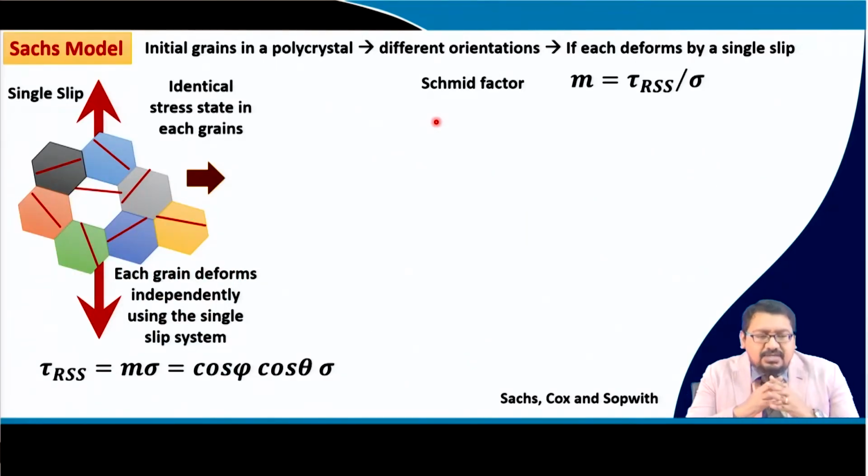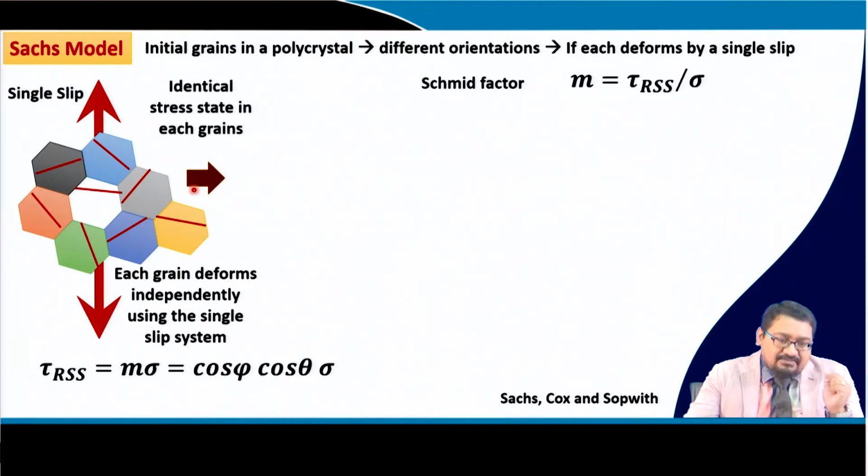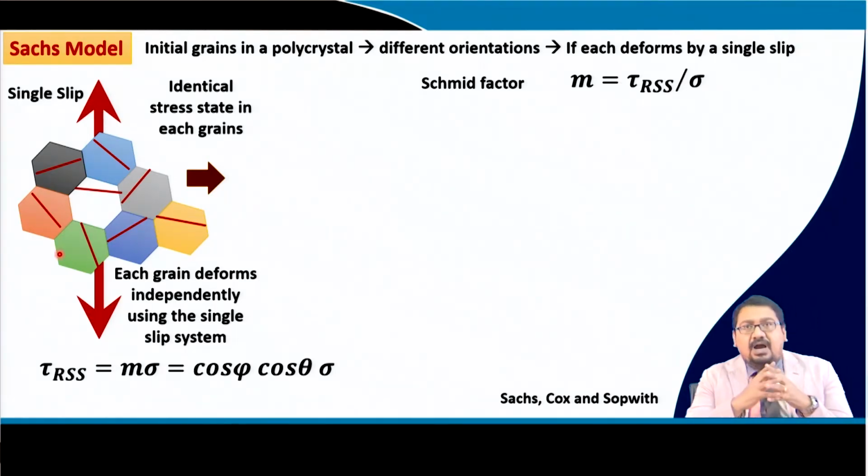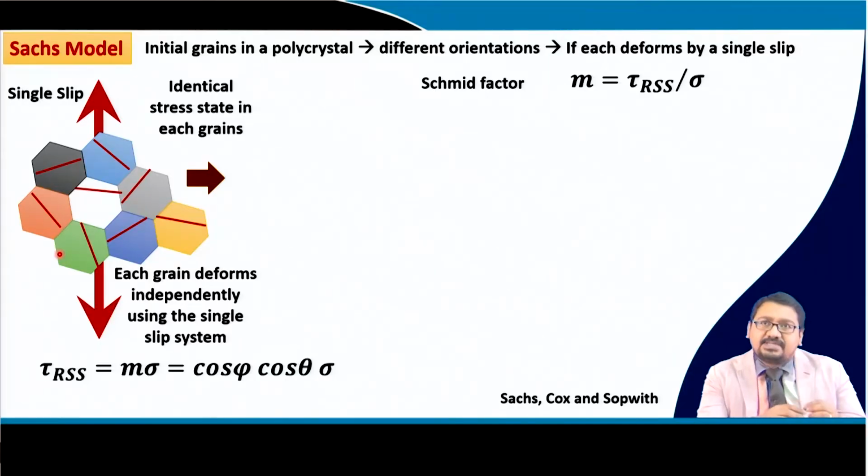So, if we look into the Sachs model, the Sachs model considered that the initial grains of the polycrystalline material, say for example, these grains, have different textures. So, they all have different orientations and each is deformed by a single slip, as single crystals present in this polycrystal.